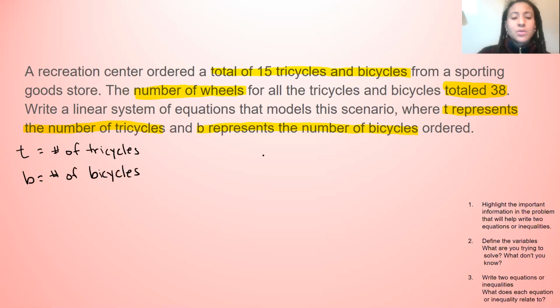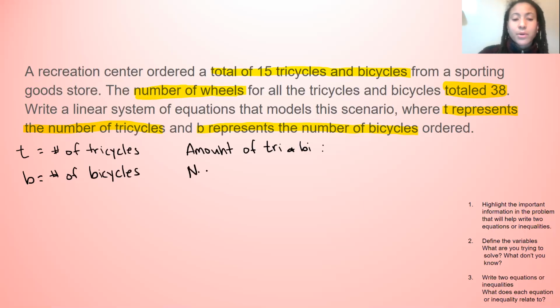Okay? So my first equation is talking about the amount because it says we have total. So we have amount of everything, amount of, I'm just going to abbreviate, tricycles and bicycles. Okay, and then the next one is just talking about the number of wheels.